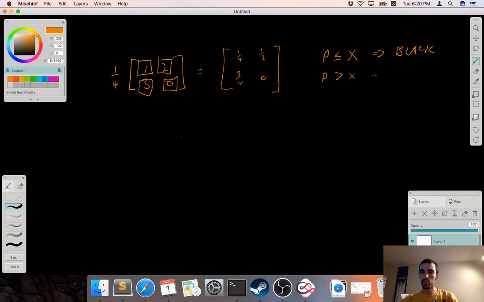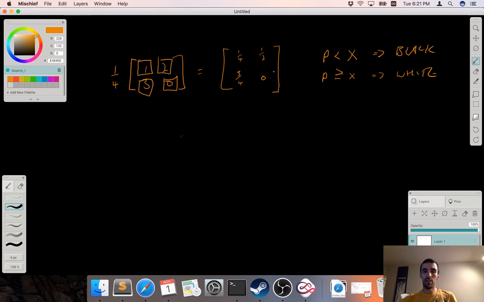Otherwise, if the value is greater than what's in the matrix, make it white. Actually, I should do it the other way around, so that we split it evenly: less than is black and greater than or equal to is white.